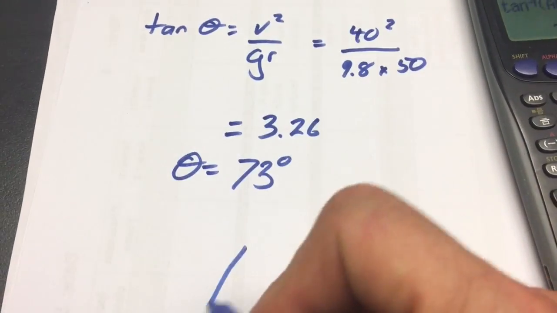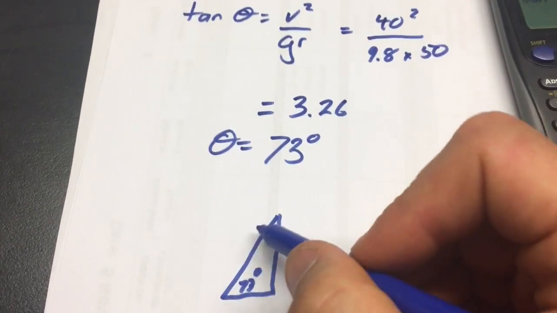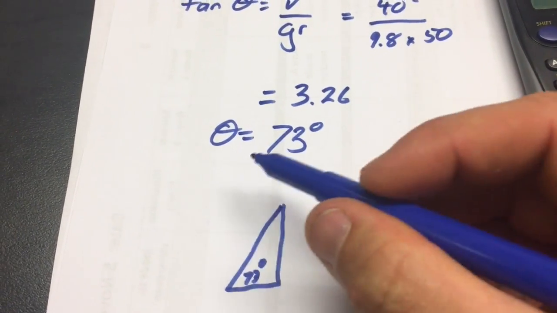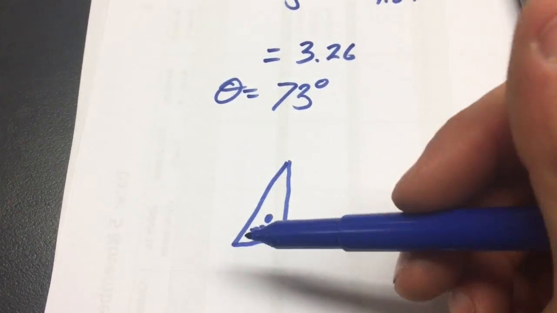And so we need a very steep angle of 73 degrees, and our vehicle will be able to travel around this ramp at 150 kilometres an hour with no sideways force on the tyres.